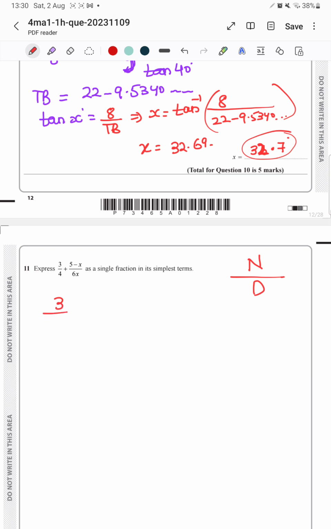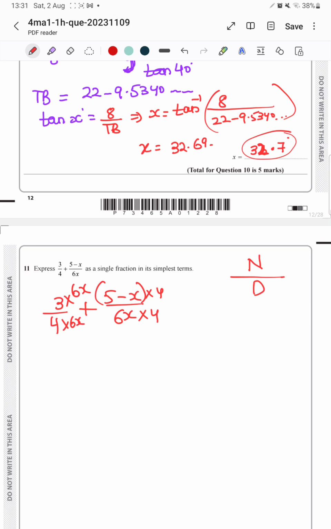So we have 3/4 plus (5 take away x) over 6x. Now we know that if we need to add or subtract two fractions, the denominators must be the same. So I can multiply this one by 6x, and this by 4. Here also multiply by 6x, and here also by 4.